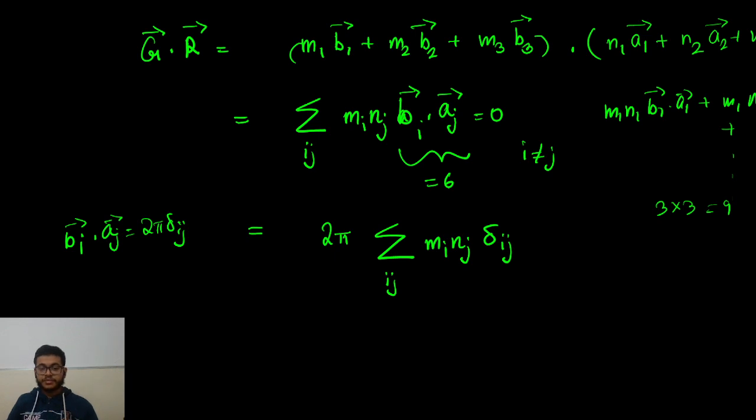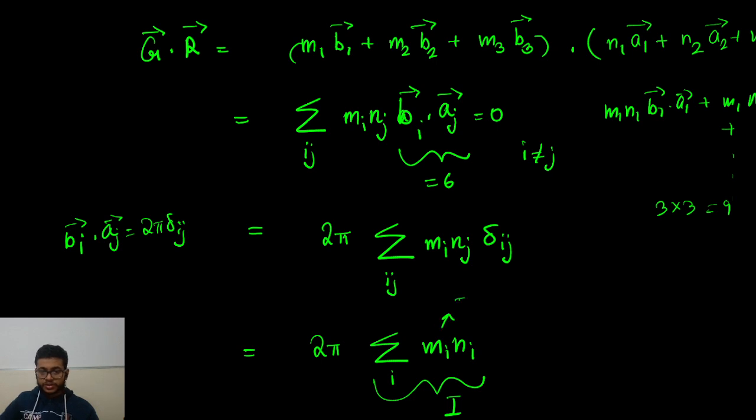If i and j are the same, it becomes 1. So it becomes 2 pi times the summation of Mi Ni. This is nothing but some integer, because Mi is an integer and Ni is also an integer. So it will be 2 pi into some integer, capital N. So G dot R will always be 2 pi into some integer.